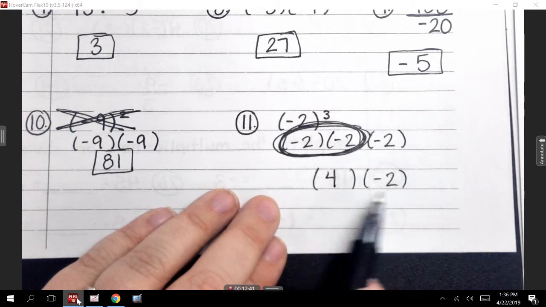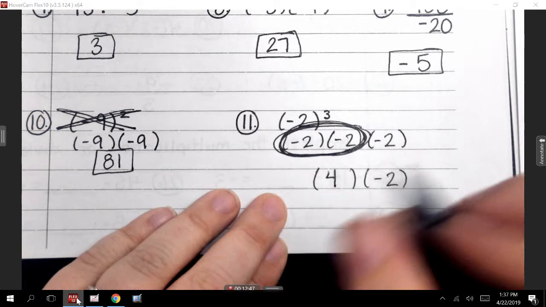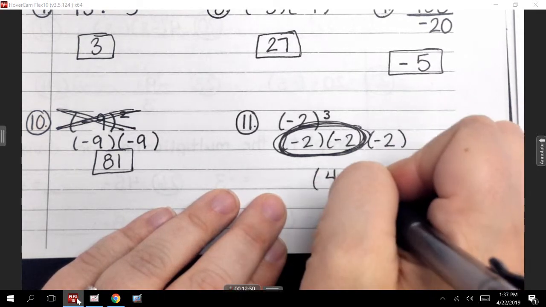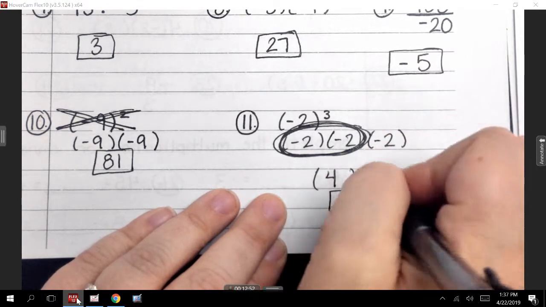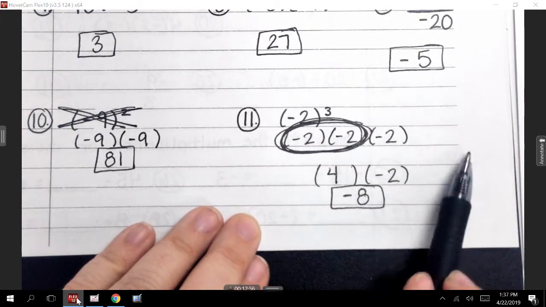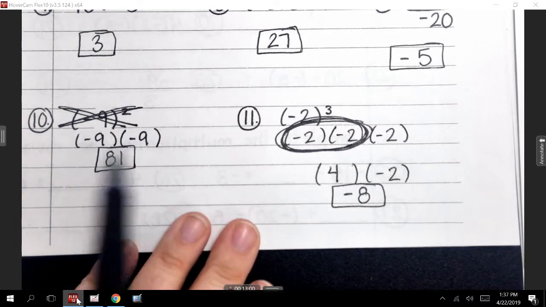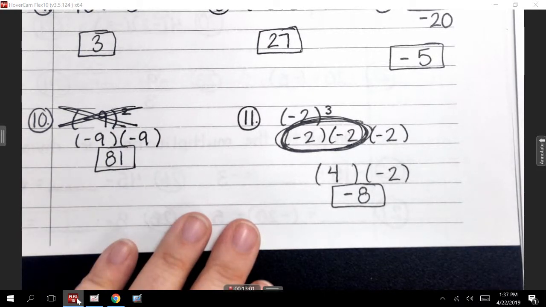So since they're different signs, what type of answer should I get here? A negative answer, which is going to be negative 8. Do you see how, here, when it was an odd number, I had a negative left over, so I ended up with a negative answer? If it's an even number, everything has a match, like in memory, and it's going to end up being positive.